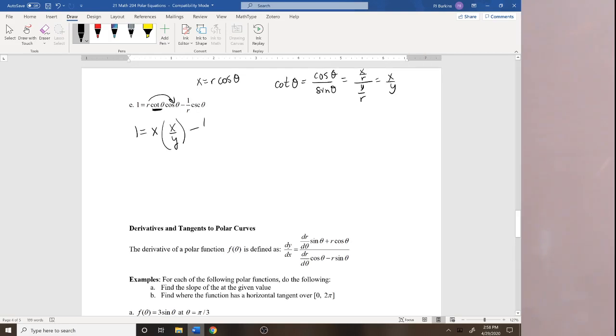And then we've got 1 over r here, and cosecant is 1 over the sine. And sine is equal to y over r, so we really get r over y out of that. And that's good because that gets rid of all our r's for us.